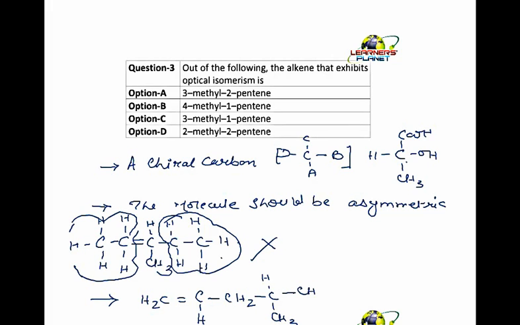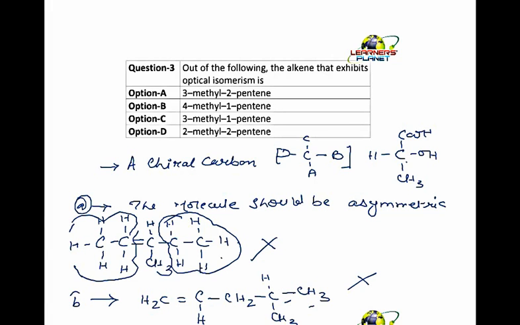So it is 1, 2, 3, 4 and CH3. 1-pentene, right? Is it asymmetrical? No. This carbon is bonded to 2 CH3. So that option is also obsolete.